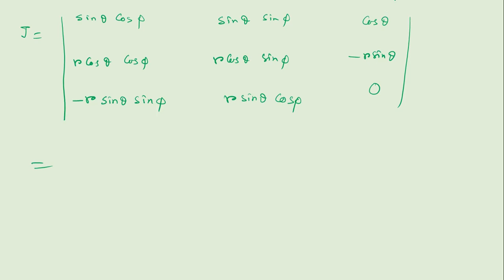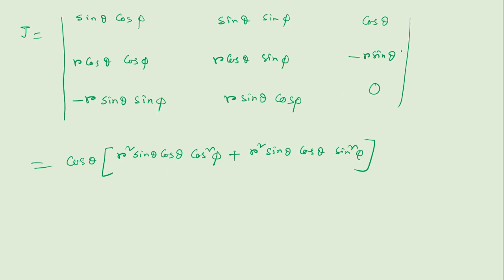And expand with this column, so you will get cos θ within bracket r² cos θ sin θ cos² φ plus r² sin θ cos θ sin² φ. And for this, the minus becomes plus r sin θ.